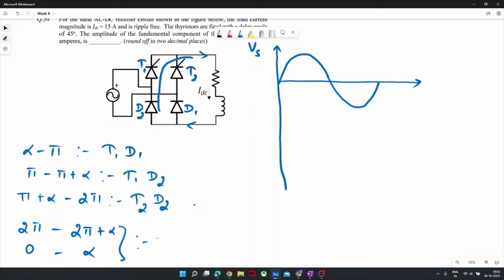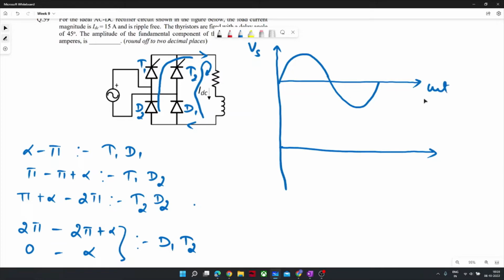Here D1 will start and T2 was already conducting. So from 0 to alpha, D1 and T2 will freewheel the load current. Now we all know which devices will conduct for which instance. Based on that, we will draw.